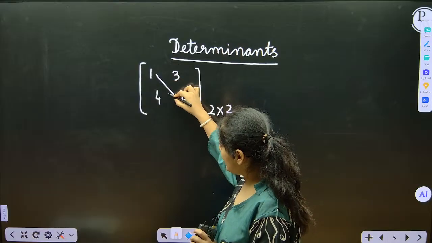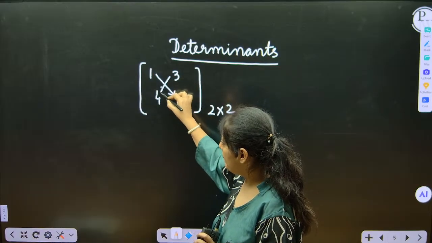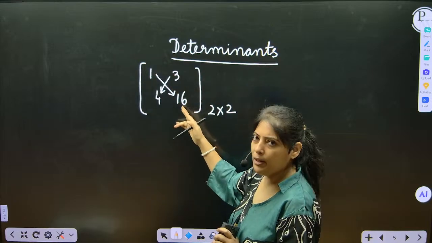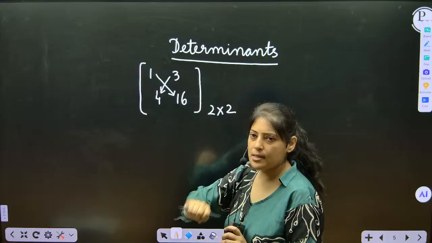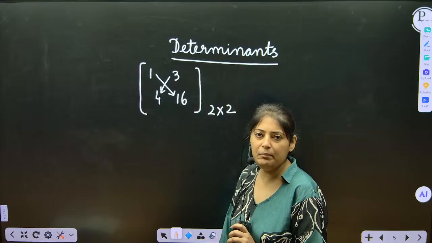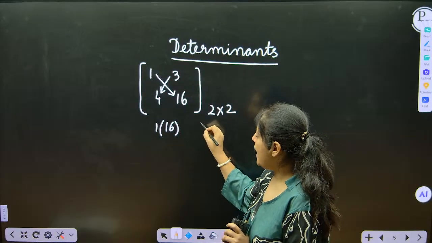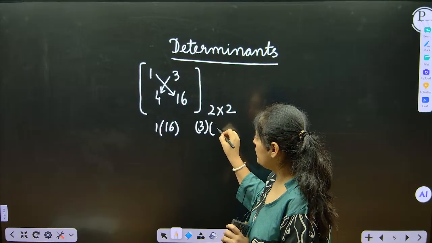Always multiply diagonally. First number with this number, and this number with this number. Diagonally multiply, that means 1 into 16 and 3 into 4.